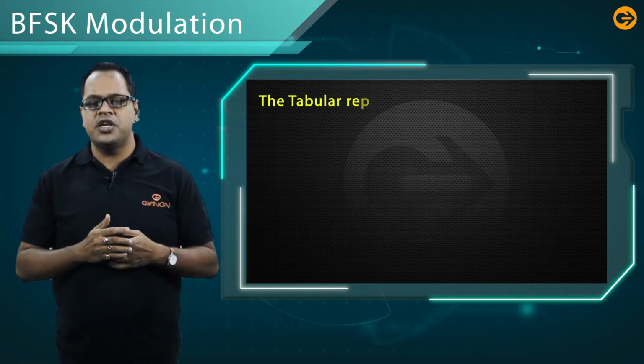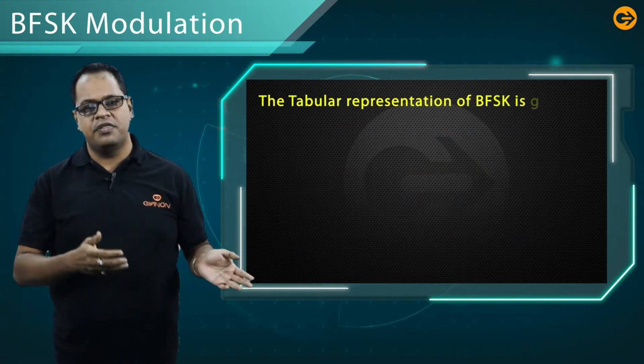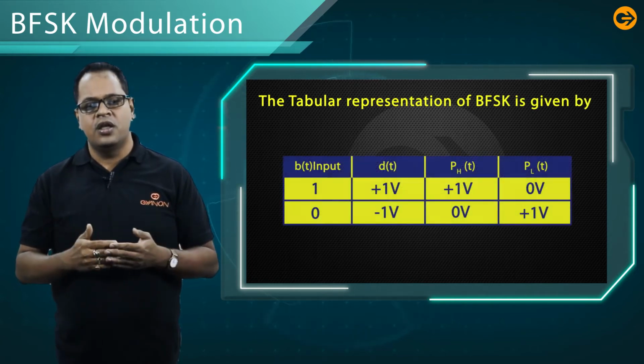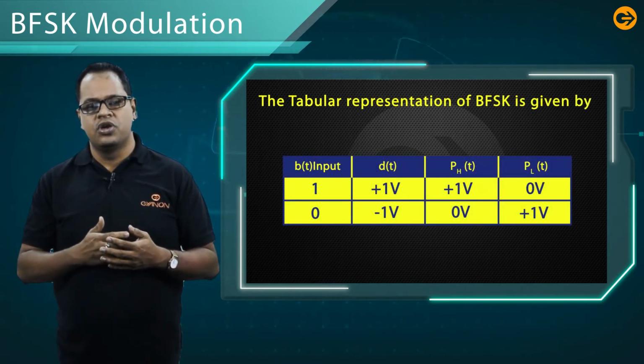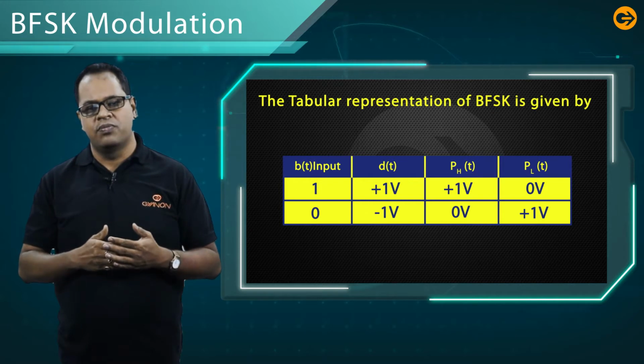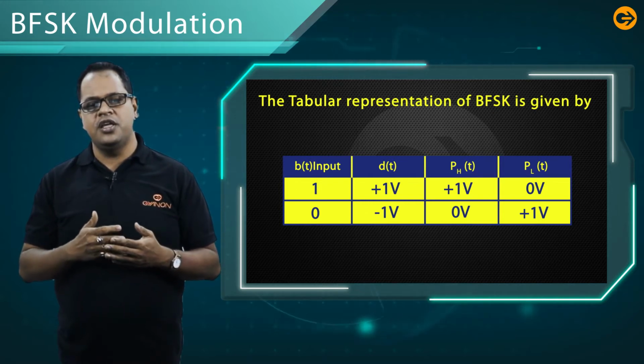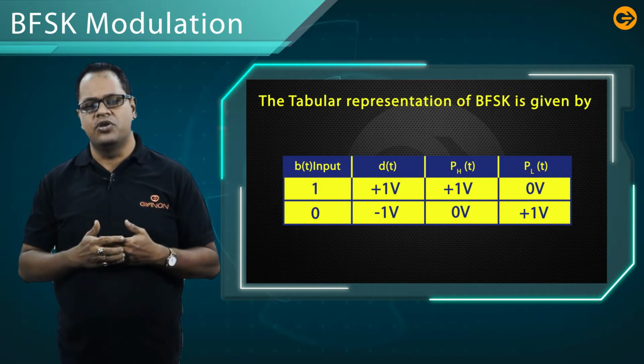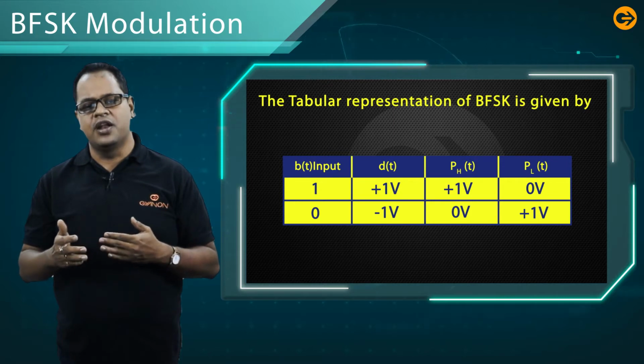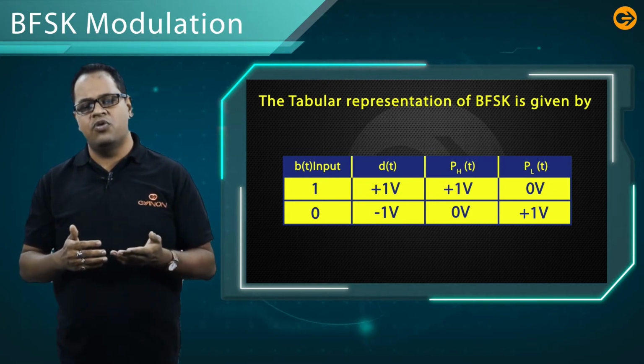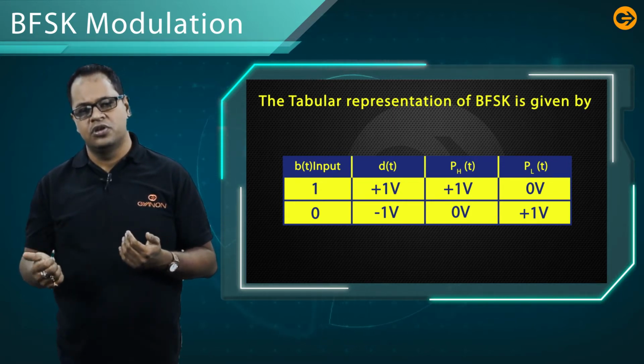The tabular representation of BFSK is given by when the b(t) is input. It may be 1 or 0. Let us consider d(t) is a voltage level which is plus 1 volt or minus 1 volt. p_H(t) is a high level of the signal which is plus 1 volt or maybe 0 volt.